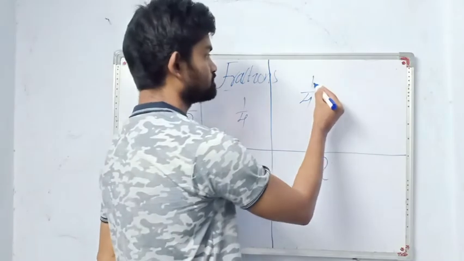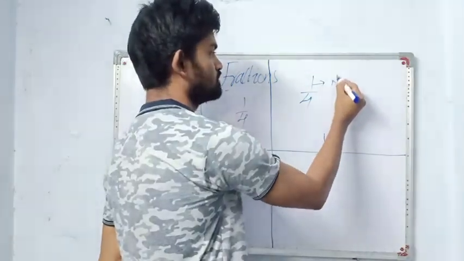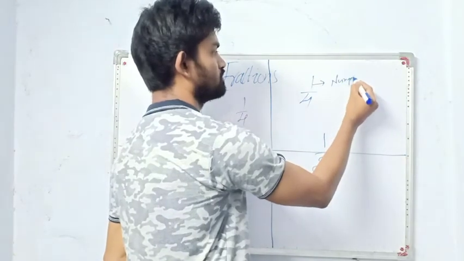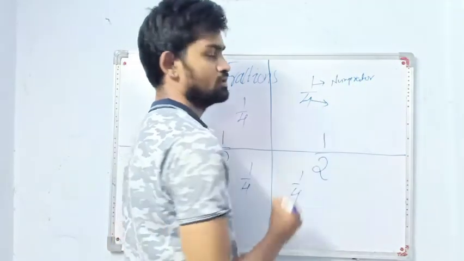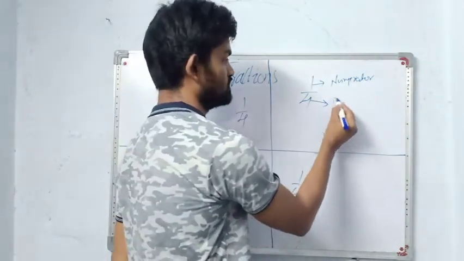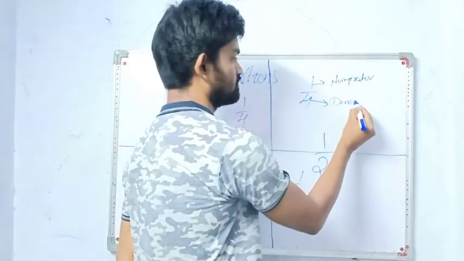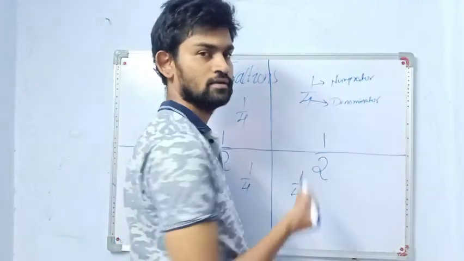Now here the upper part is called the numerator. Right? And the lower part is called the denominator. Understood?